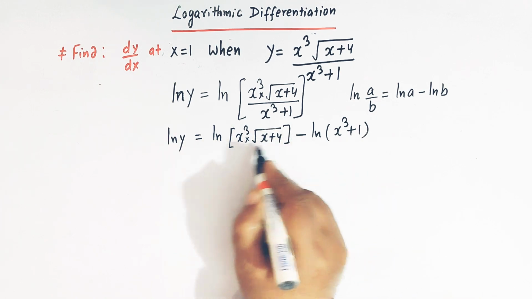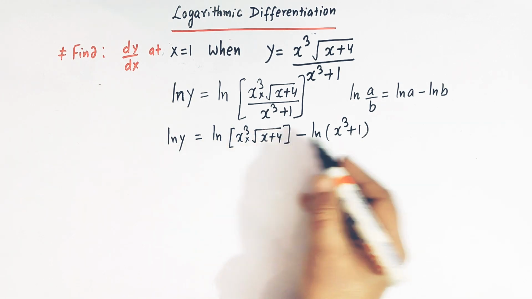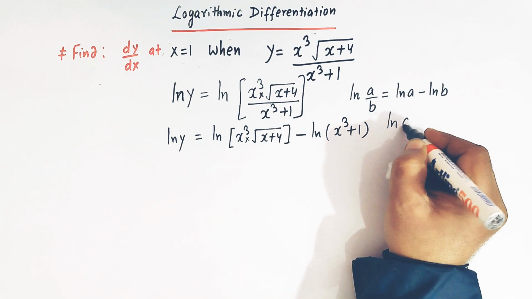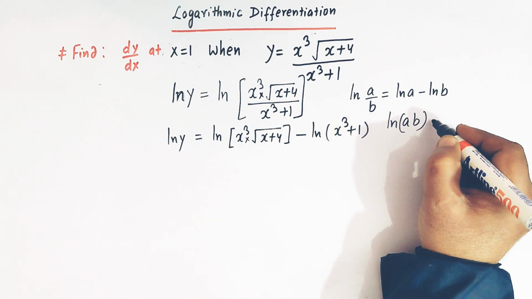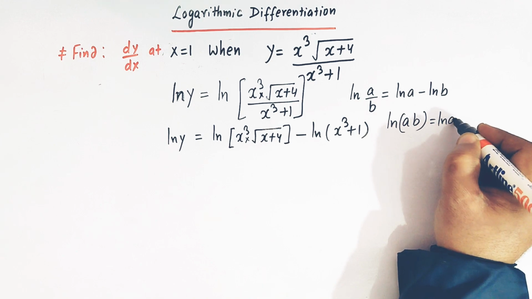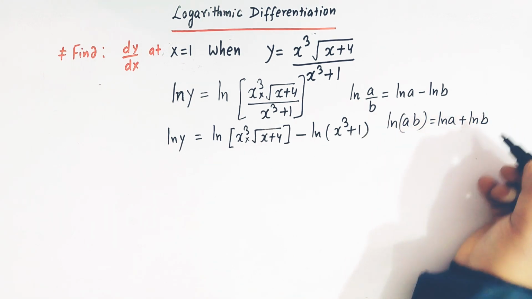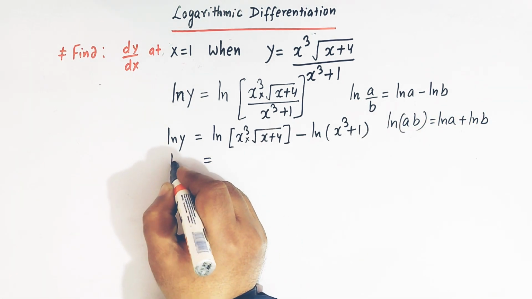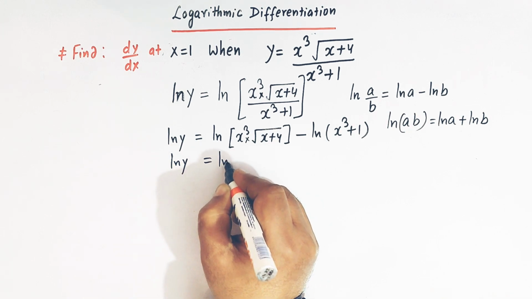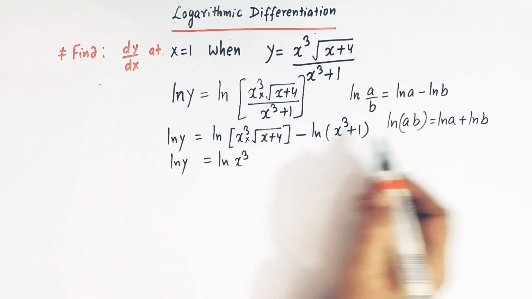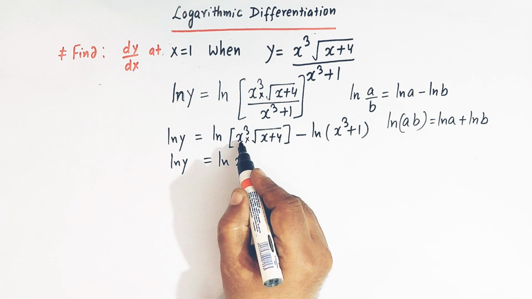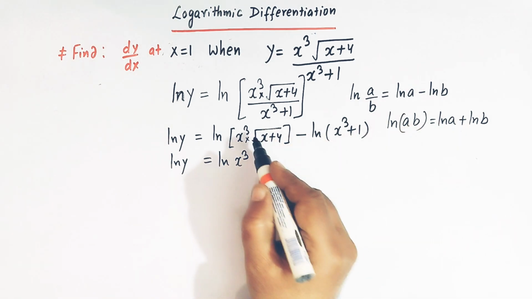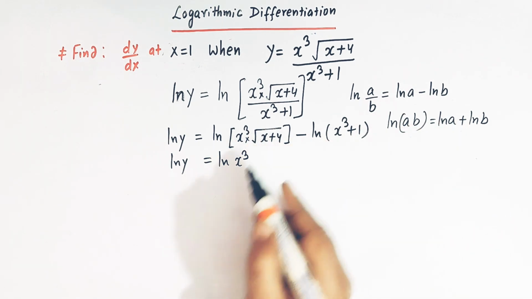Now here we have x cube times square root of x plus 4, right? So here again we'll make use of another property of log, that is log of a times b is equal to log of a plus log of b. So now we can write log of y is equal to log of x cube, where a is x cube and b is square root of x plus 4.